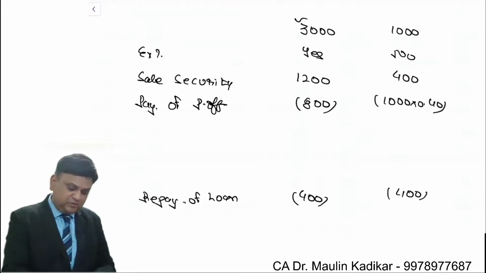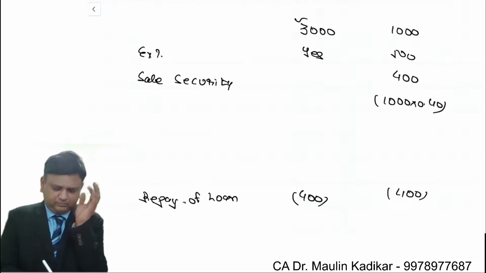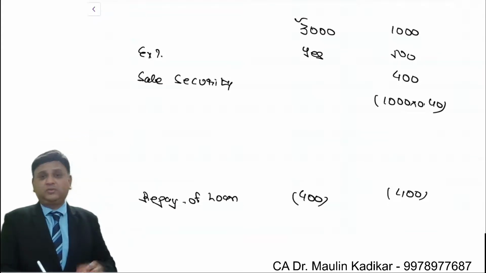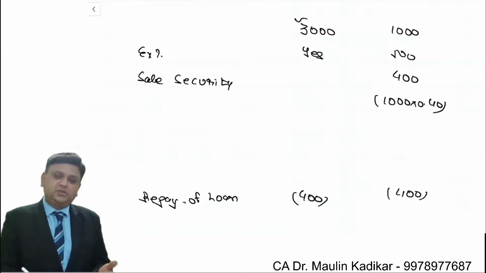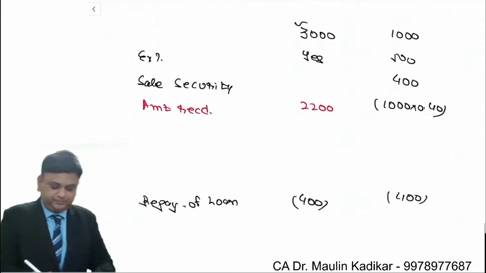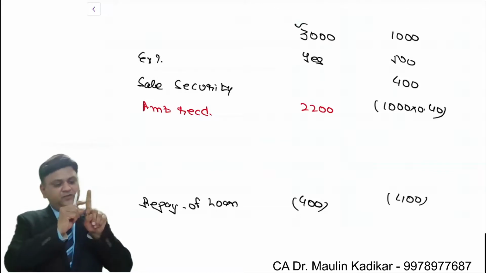If you do not want to make the payment of payoff, then you can do something like this. Listen to me carefully. I have sold the right that you may purchase the security from me. He says that no, he wants to buy the security only. I said okay. So the amount received is equal to the exercise price, 2200. He wants 1 share. I already have a fraction of the share.